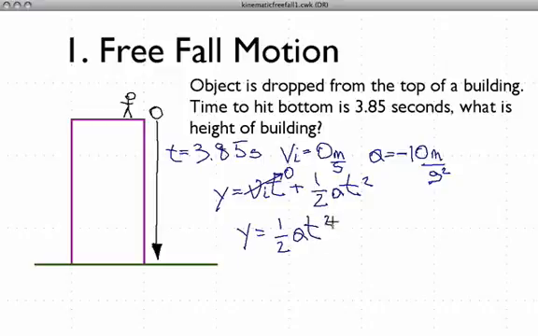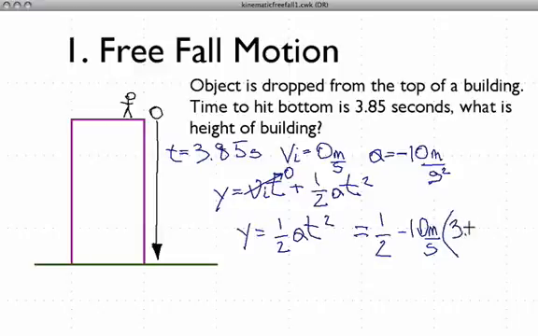AT squared. All right, so here we are, 1/2 AT squared, and we can just plug the numbers in and solve now. So we have 1/2, and we have minus 10 meters per second squared, and we have our time. I'm going to put this in parentheses because we're going to square our time and our units.